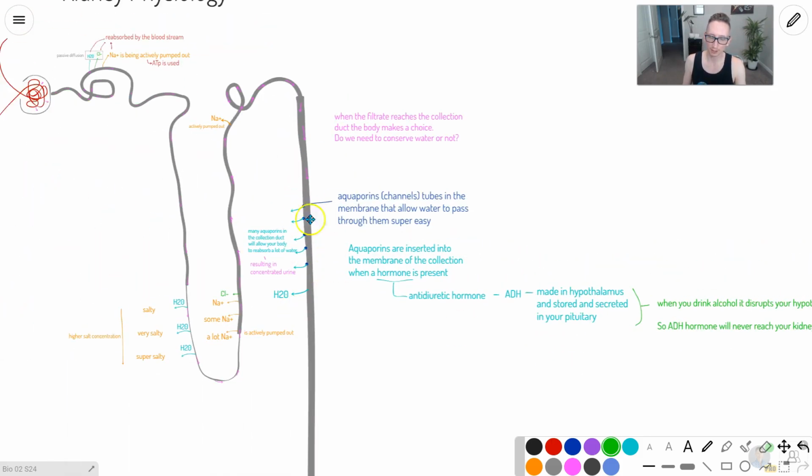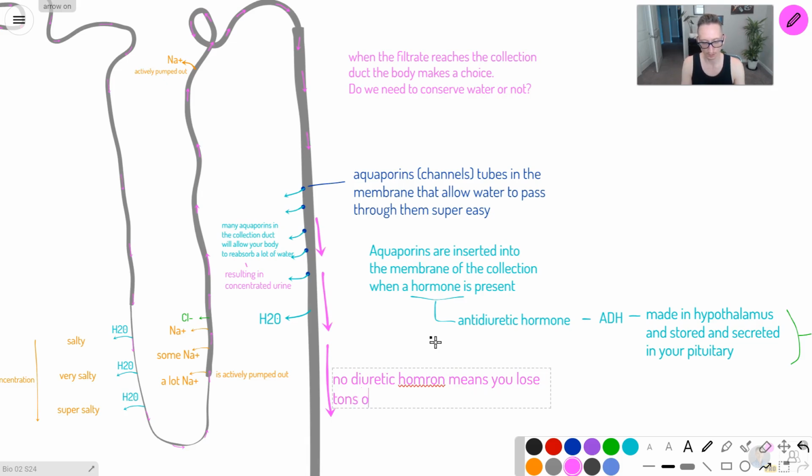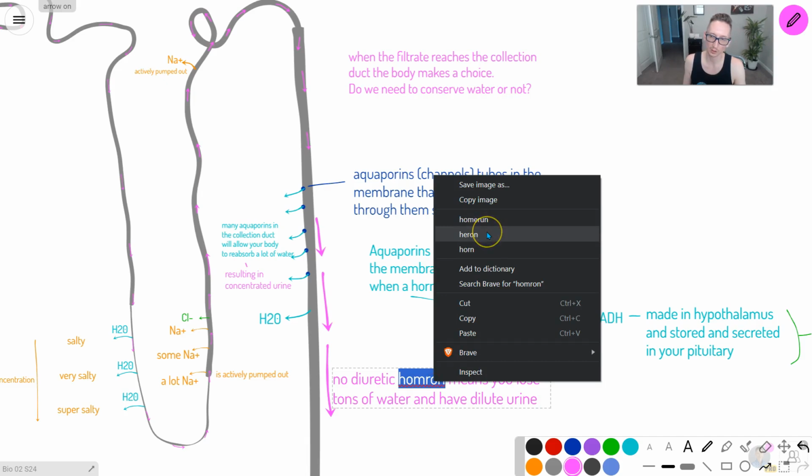So if you have no antidiuretic hormone, you have no aquaporins, which means that a large amount, no antidiuretic hormone means you lose tons of water and have dilute urine. So you're dehydrating yourself.